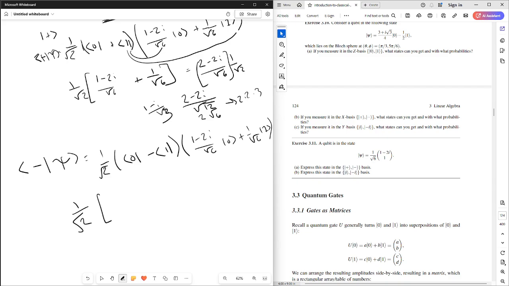Everything else cancels out except for 1 over square root of 6 multiplied by the inner product of 1 and 1, and 1 minus 2i over square root of 6 multiplied by the inner product of 0 and 0. So we've got minus 1 over square root of 6.